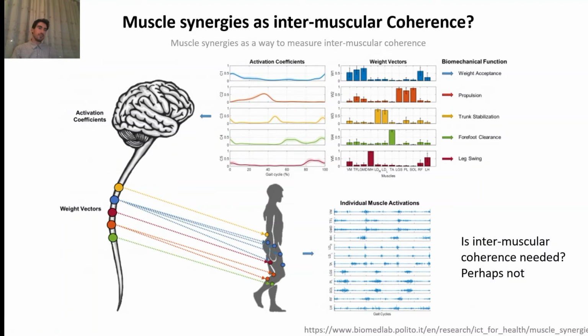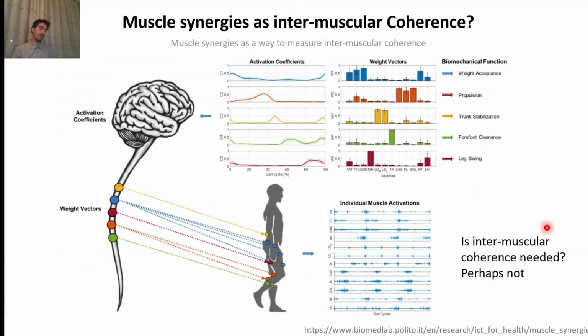This research line is focused on the assessment of the modular organization of the central nervous system during postural balance, locomotion, or other more complex motor tasks. And of course, there are applications in clinics, robotics, and sport science. But I must say, is intermuscular coherence really needed? Perhaps not, because you have muscle synergies.